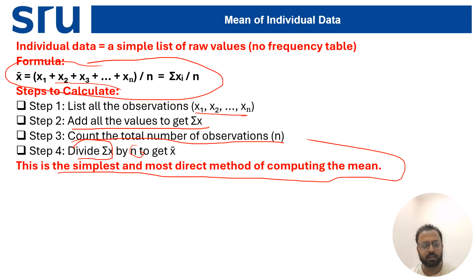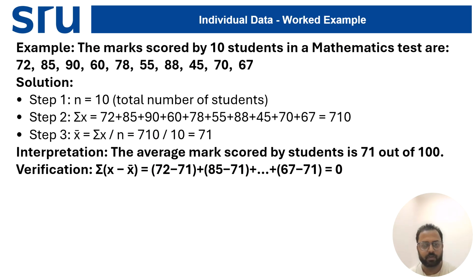Now come to the first problem of mean of individual data. The marks of 10 students in a mathematics test are given: 72, 72, 85, 90, 60, 78, 55, 88, 45, 70, 67.